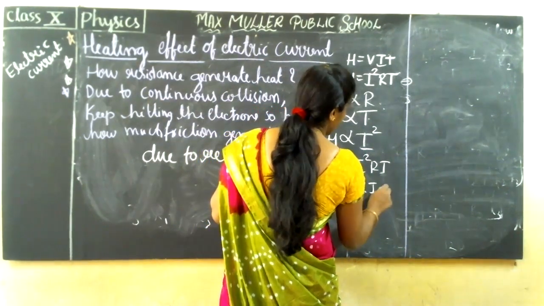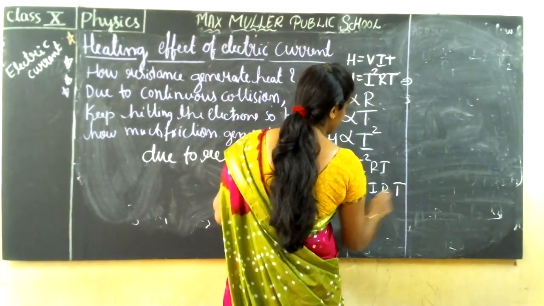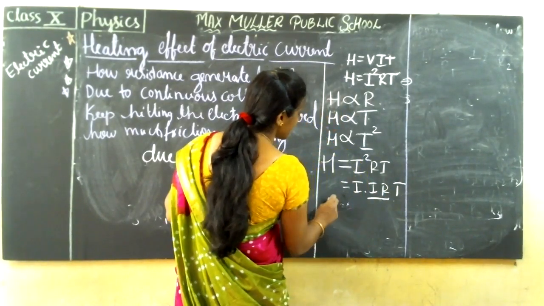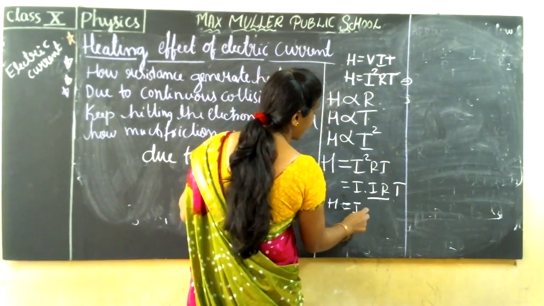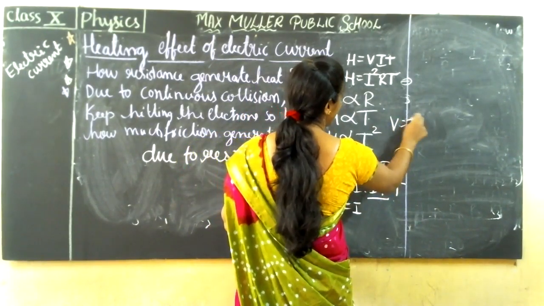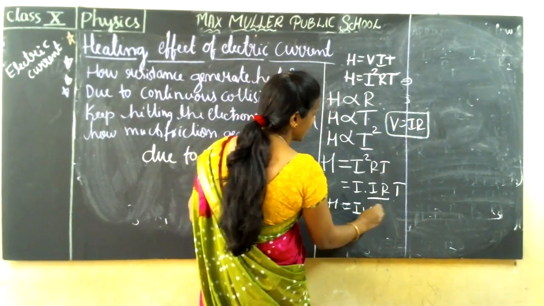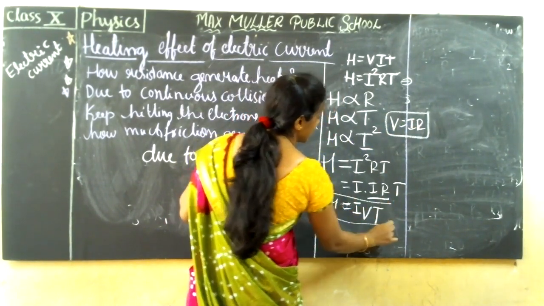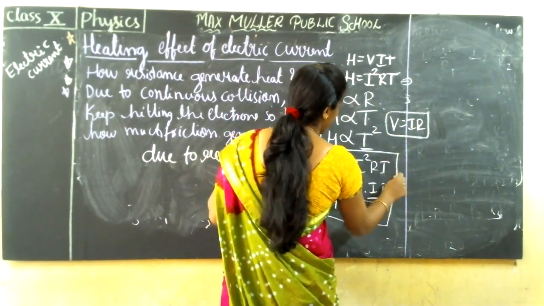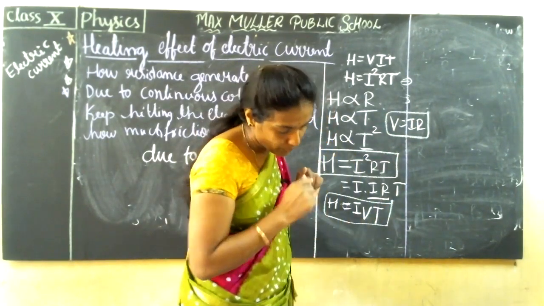So H is equal to I into I R T. What is our Ohm's law? V is equal to IR. So instead of writing IR, I take V. So H is equal to V I T. This is also another important formula. Multiple variations you can use.